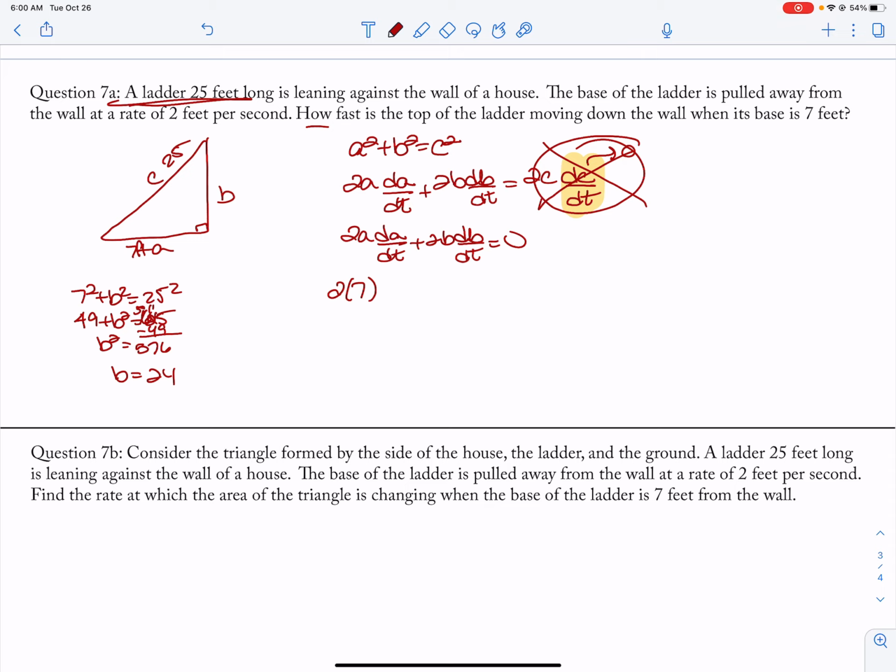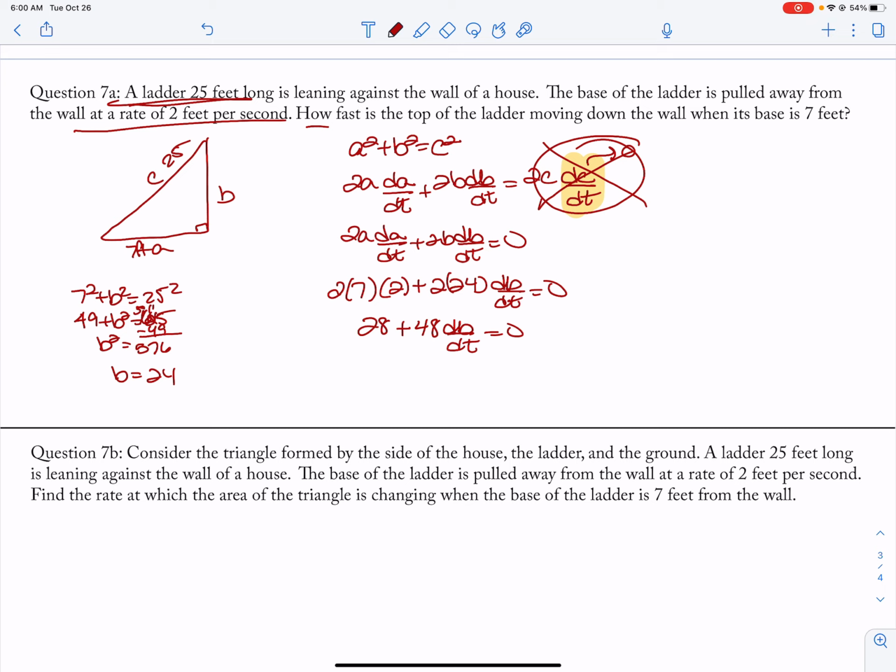The base of the ladder is being pulled away at a rate of 2 feet per second. So that's 2 times 7 times 2, plus 2 times 24 times dB dt, which is what we're trying to solve for, is equal to 0. So this gives me 28 plus 48 dB dt is equal to 0.